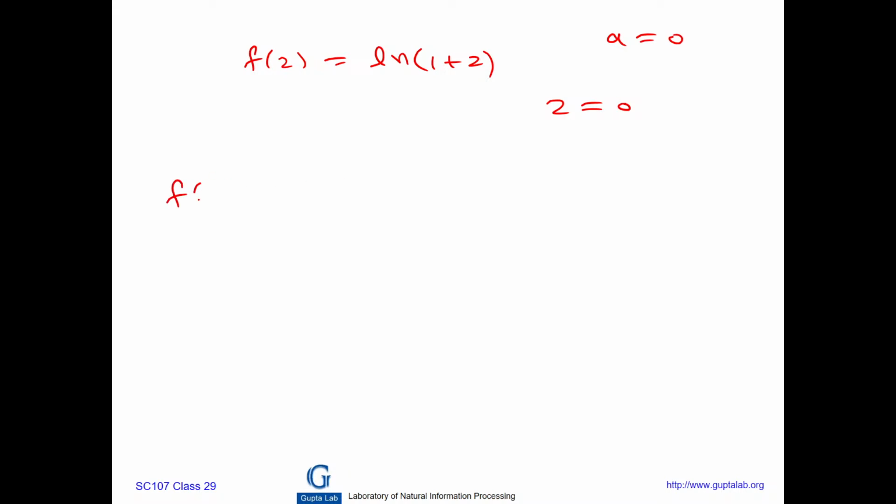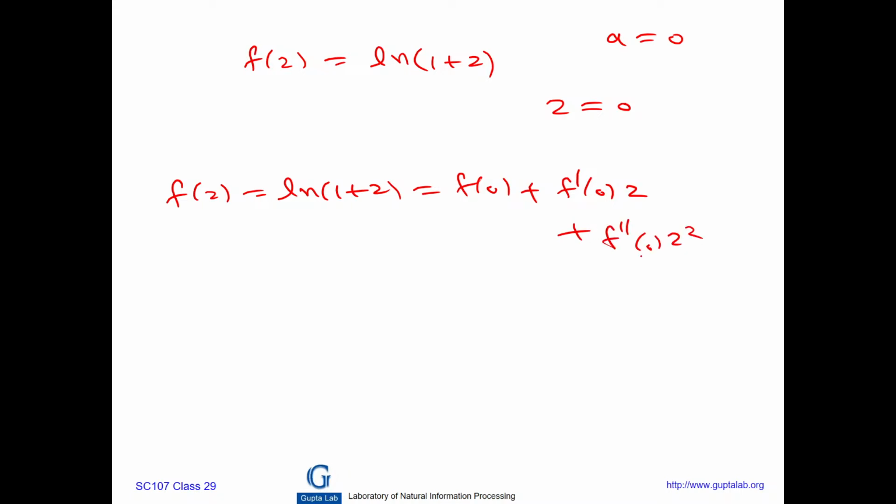We know that f of z is equal to log of 1 plus z equal to f of 0 plus f dash of 0 times z plus f double dash of 0 times z square divided by factorial 2 and so on, which is equal to z minus z square by 2 plus z cube by 3 minus z to the power 4 by 4 and so on.